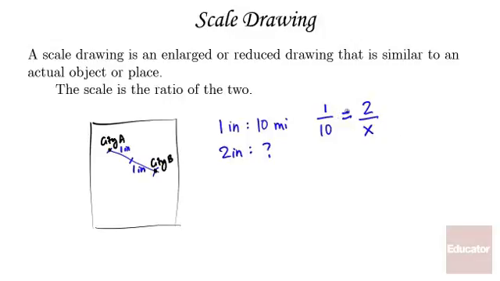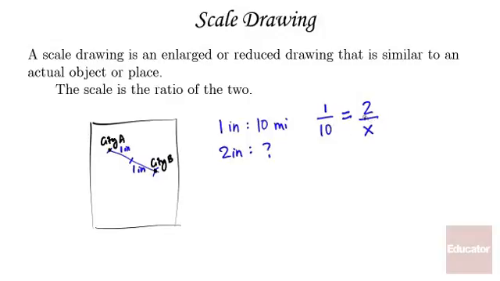You can either use an equivalent fraction, meaning turn this into the same fraction as 1 over 10 to find x. Or remember, we can use cross products. We can multiply this way, 1 times x equal to 2 times 10.